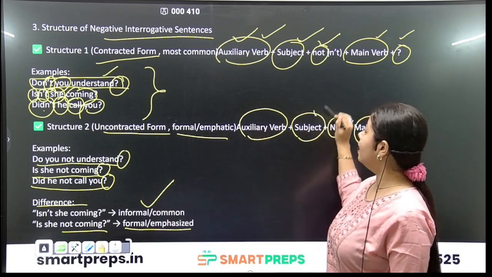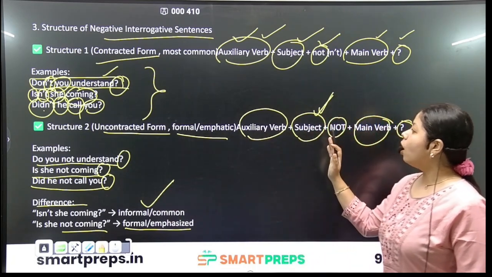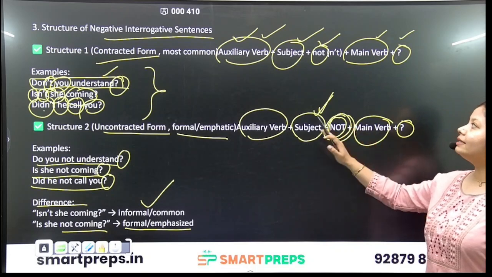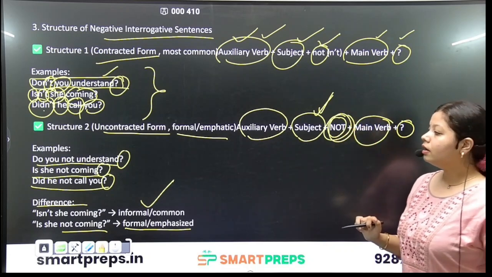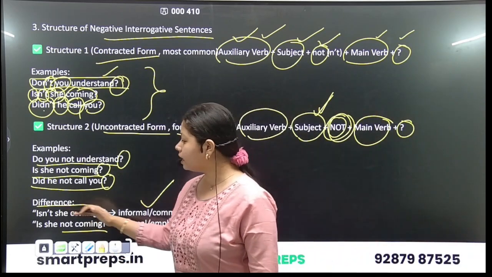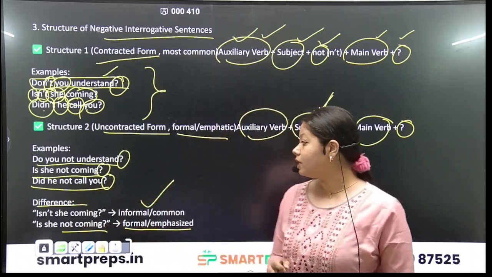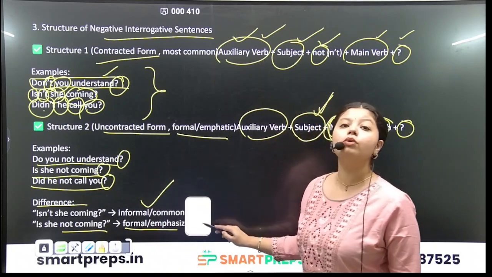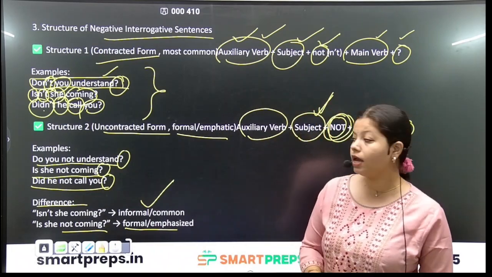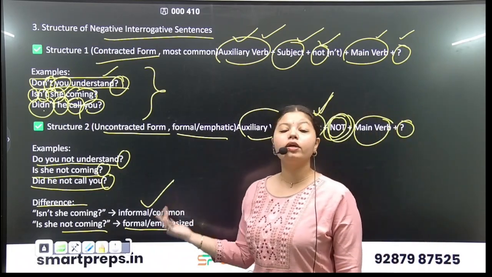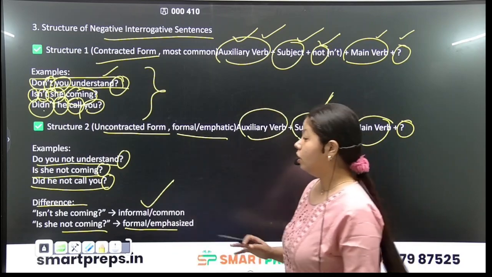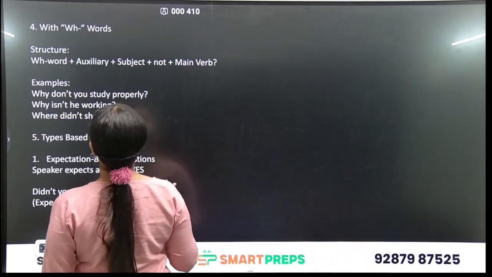Clear? So isn't she coming or is she not coming? Is she not coming is used mostly in the formal structure. Isn't she coming is always used in the informal structure. So we have understood the basic structure form.